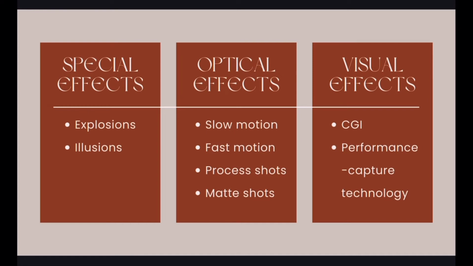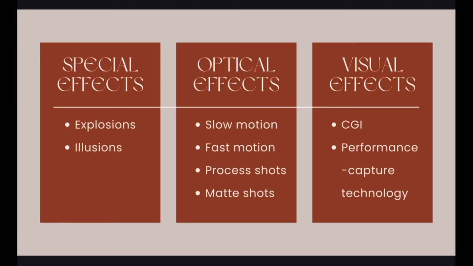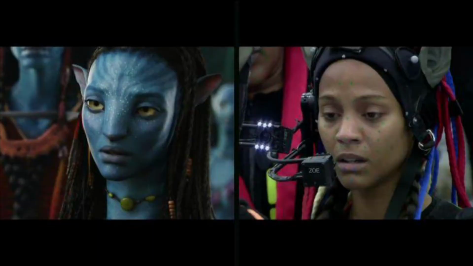Visual effects include CGI, which was seen a lot in the animals and explosions of The Taking of Tiger Mountain. And performance capture technology was used in films like Avatar and Star Wars, where the movements of the actors were captured and placed onto animated characters to make them seem realistic.